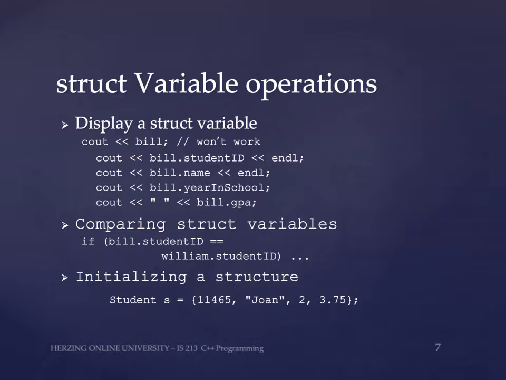You can also initialize it member by member after definition. After you define the struct student, you say s.name equals John, s.gpa equals 3.7, s.yearInSchool equals 2, and s.studentID equals 11465.